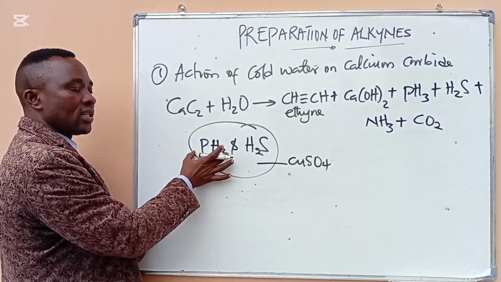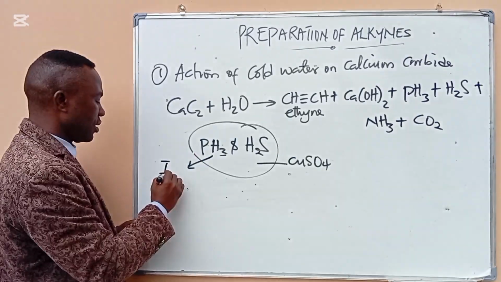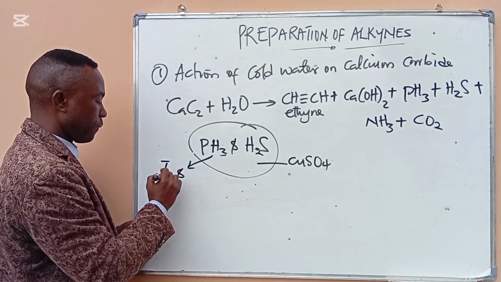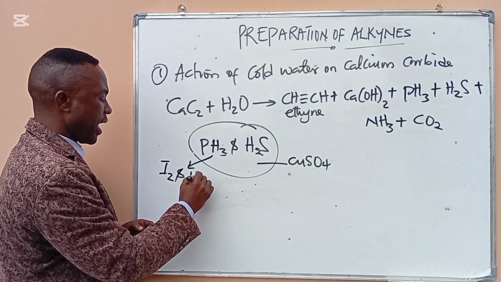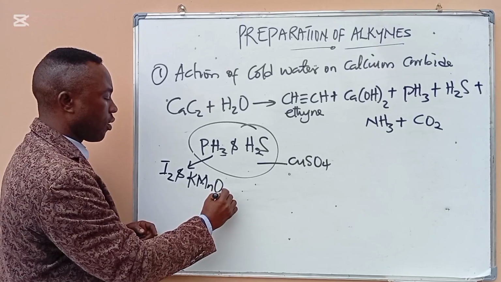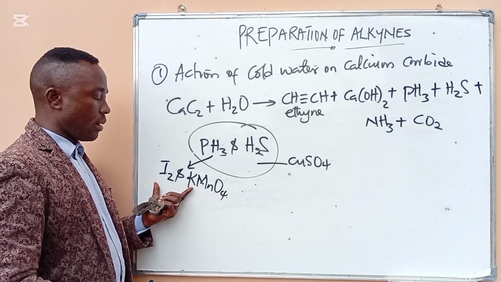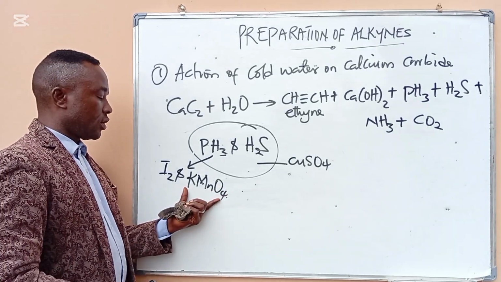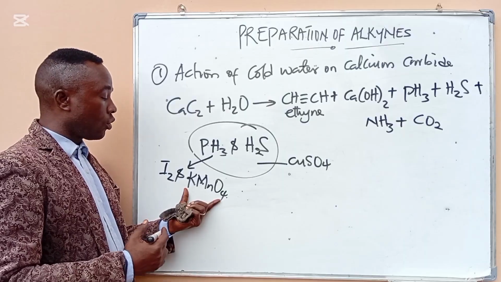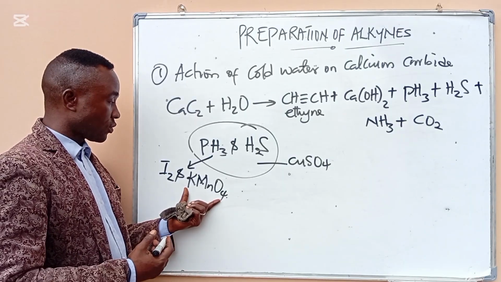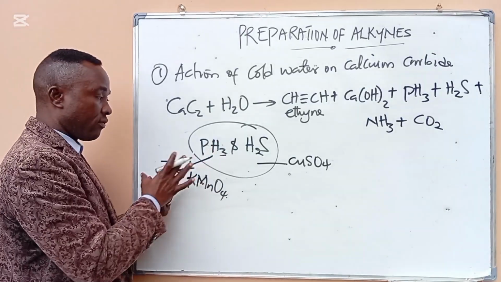You can oxidize the phosphine using iodine and KMnO4. Two of them are oxidizing agents. Mild KMnO4 can do.